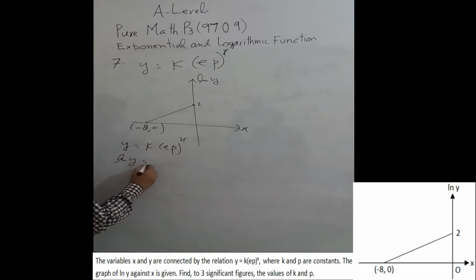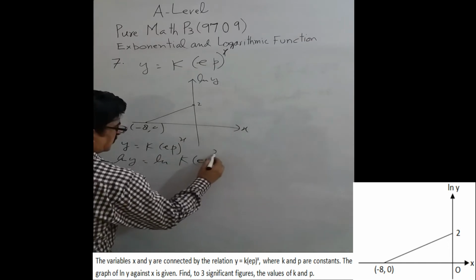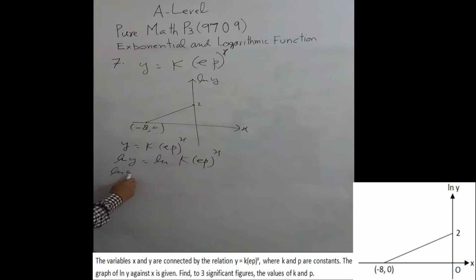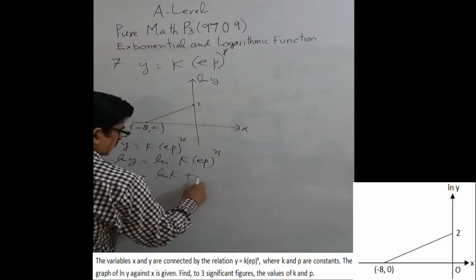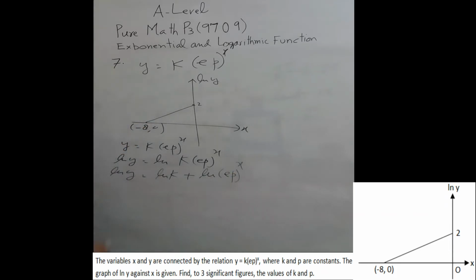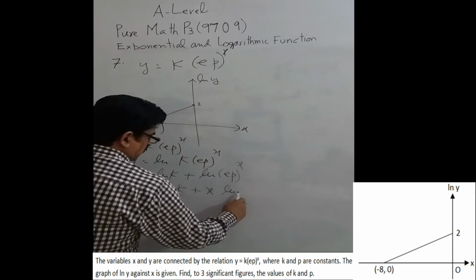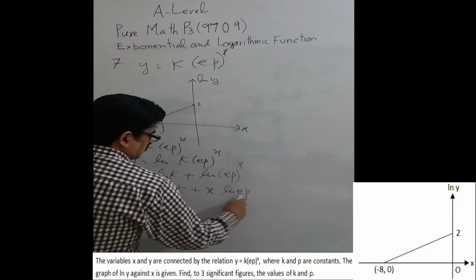Taking log on both sides, we have ln y is equal to, by the product rule of logs, ln k plus ln e p raised to the power x. Now we have ln y is equal to ln k plus x ln e p.